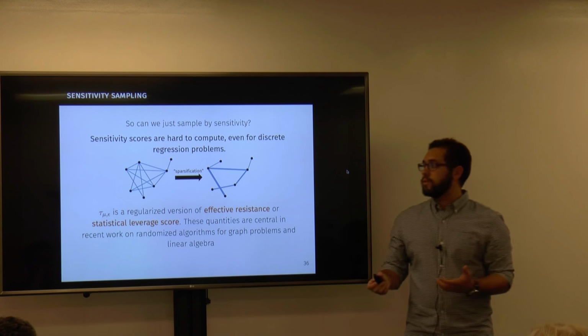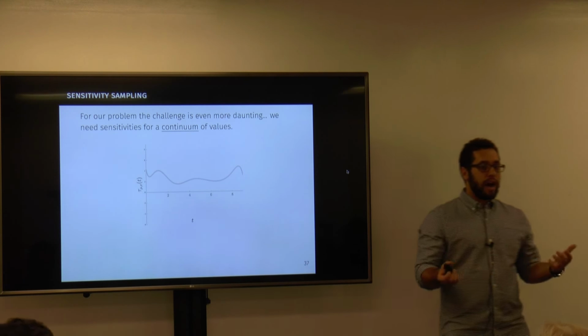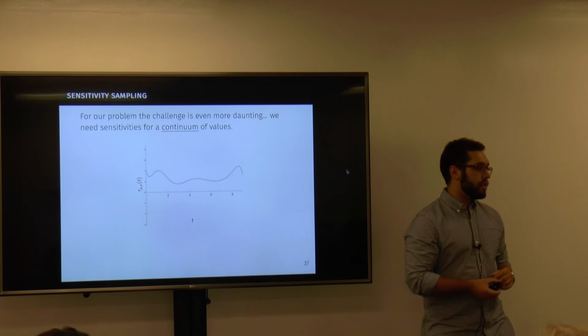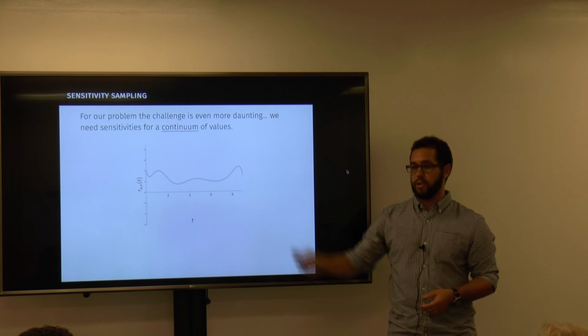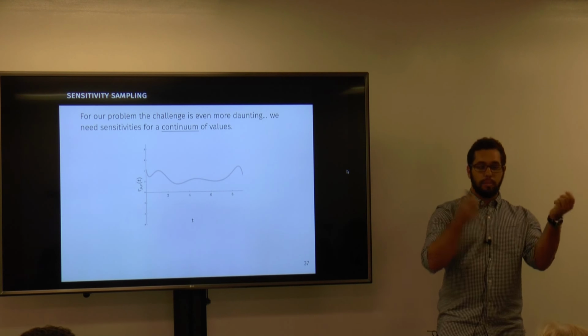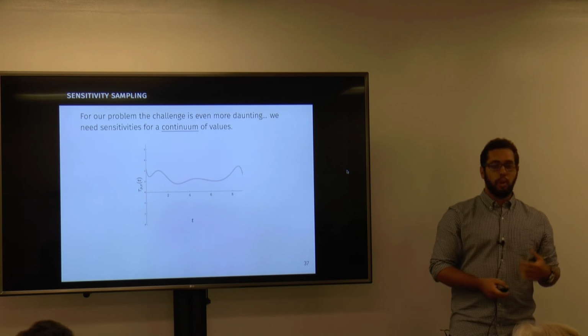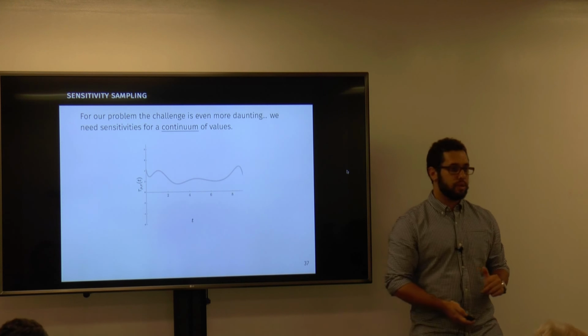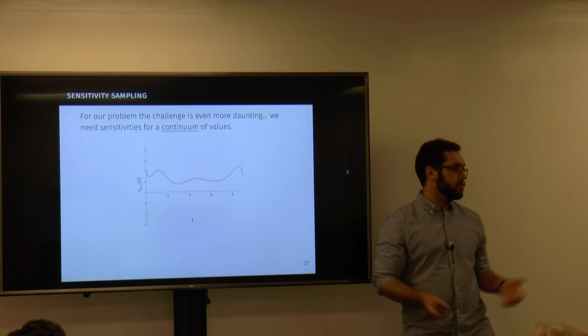In our case, we don't even have that luxury. It's not even well defined to say I want an algorithm for computing sensitivity scores, because it's a continuous function. I'd have to do something pretty crazy, like represent points of this function, figure out some approximation to it. So we don't even try to find an algorithm for computing these sensitivity scores, which would be the adaptive version of this problem.